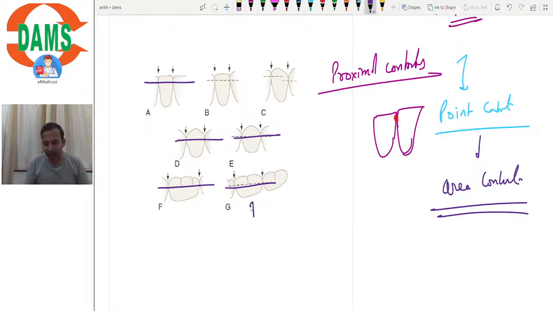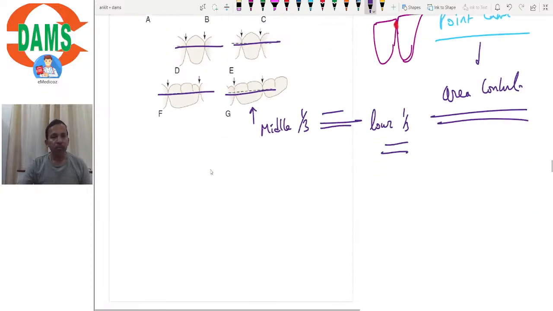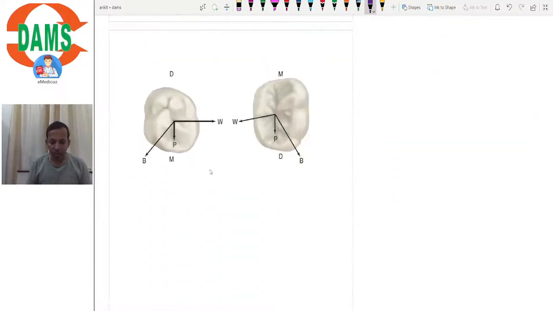In the molars, it is in the middle third, and even within the middle third it is closer to the lower or apical third. You can remember this as a general rule.